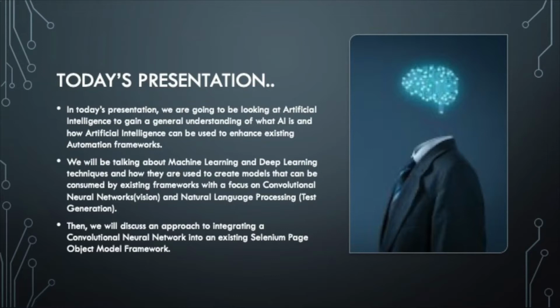Then we will discuss an approach to integrating a convolutional neural network into an existing Selenium page object model framework, as well as a demo of using natural language processing to generate new tests from simple data.